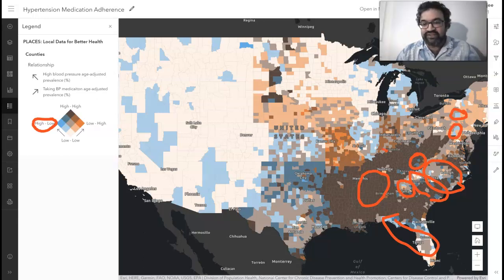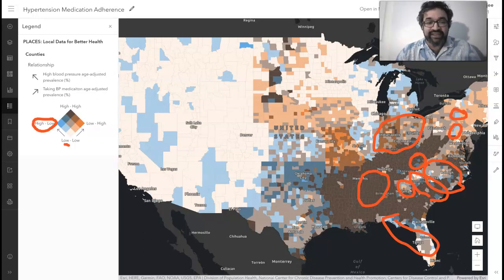So I would still look into some of these areas, and anywhere that you have lower rates of blood pressure medication adherence, regardless of what the other status is, you might want to take a look into those areas as well.